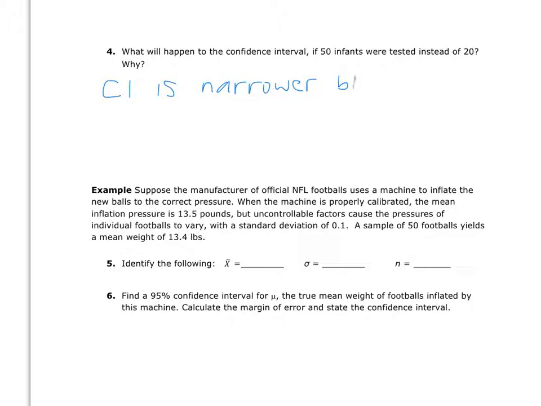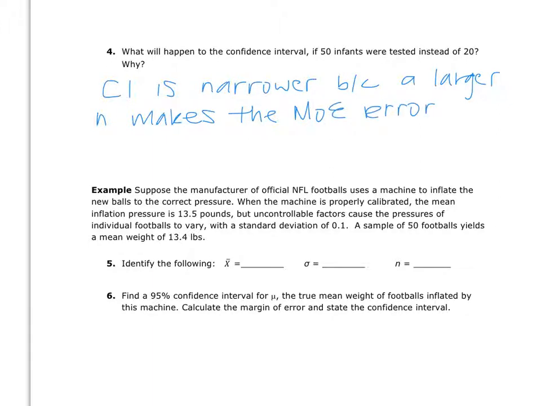and it is because a larger n, a larger sample size, makes the margin of error smaller. We get less error due to sampling when our sample size is larger.